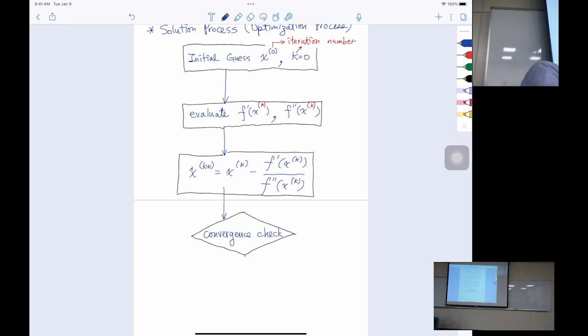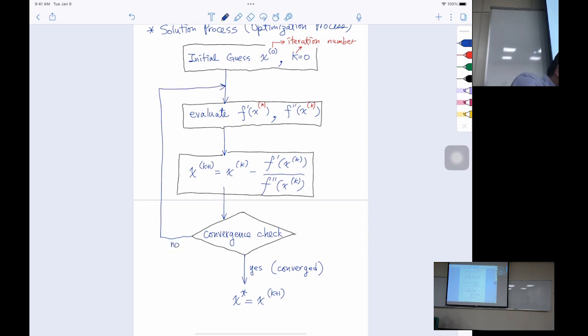And if the answer of this check is yes, which means it converged, then your optimal solution equals the last one you got. If it's not converged yet, so no, not converged yet, what do you do?